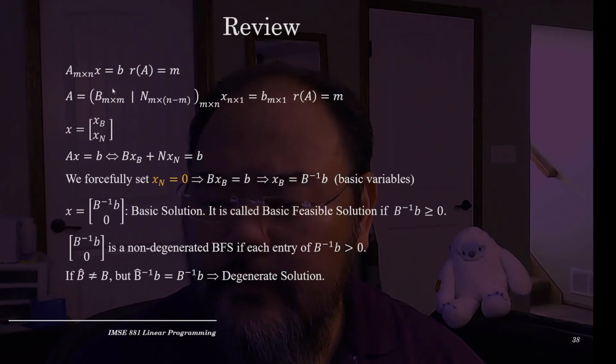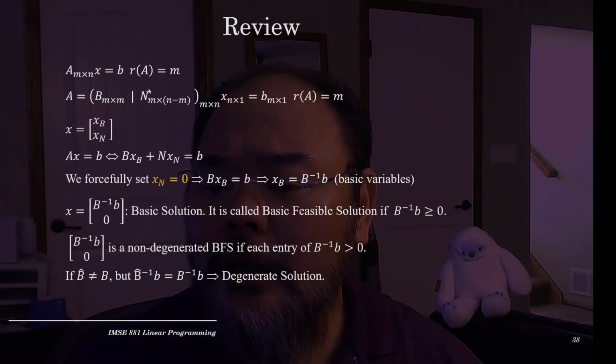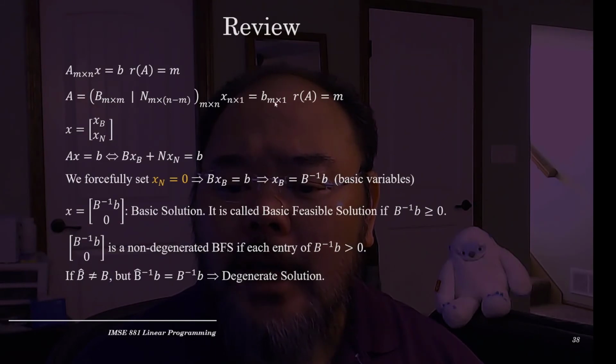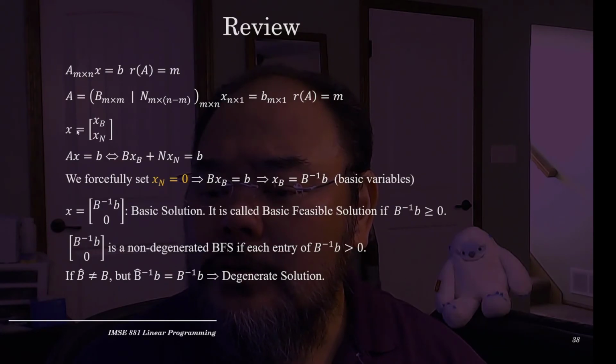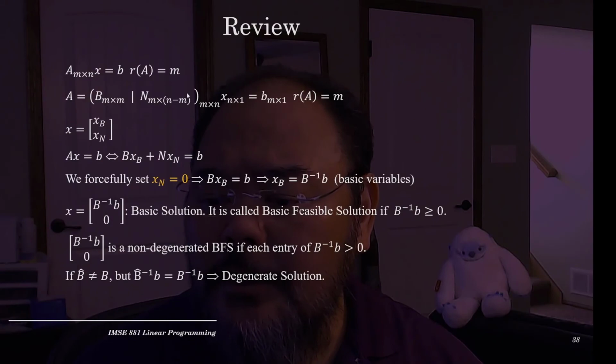So we find m linearly independent columns to form B, and the rest of the columns we call N. x is an n by 1 vector, b is an m by 1 vector, and the rank of A is m. So we can also separate x into x_B and x_N. x_B corresponds to the columns in the B matrix, and x_N corresponds to the variables in the N matrix.